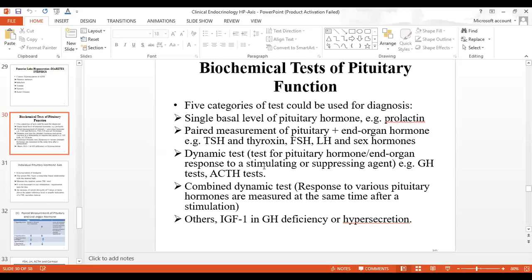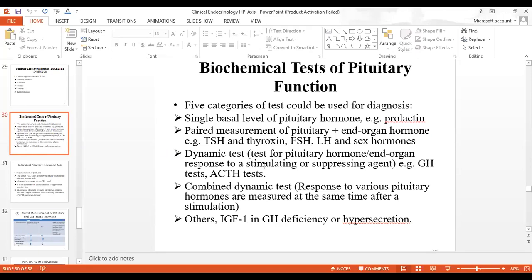Good. The third thing we can do is what is called the dynamic test. For that one, what we do is the suppression test, where we give a certain drug which is supposed to suppress the pituitary gland, so that if it is not able to suppress it, then we know that this one is overproducing.